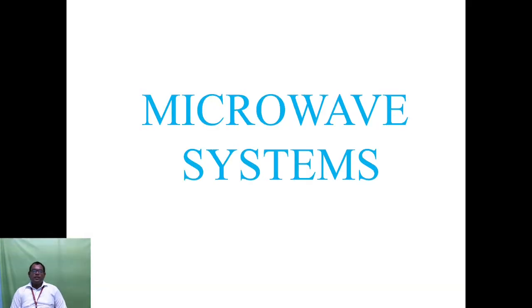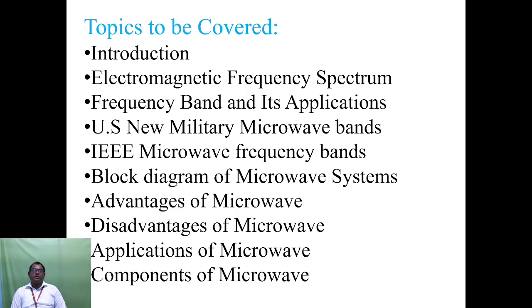Initially, we are going to discuss various topics: introduction, electromagnetic frequency spectrum, frequency bands and their applications, US new military microwave bands, IEEE microwave frequency bands, diagram of a microwave system, advantages, disadvantages, applications, and the components of microwave systems. So these are the topics we will discuss today.